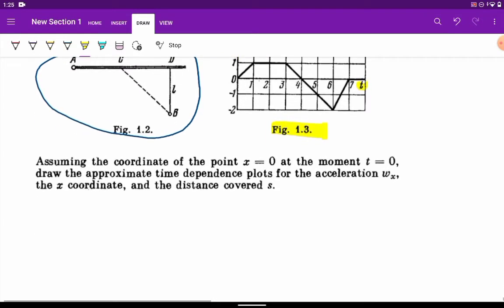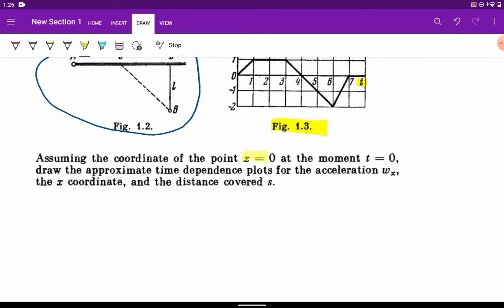Assuming the coordinate of the point x equals 0 at the moment t equals 0, draw the approximate time dependence plots for the acceleration wx, the x coordinate, and the distance covered s.